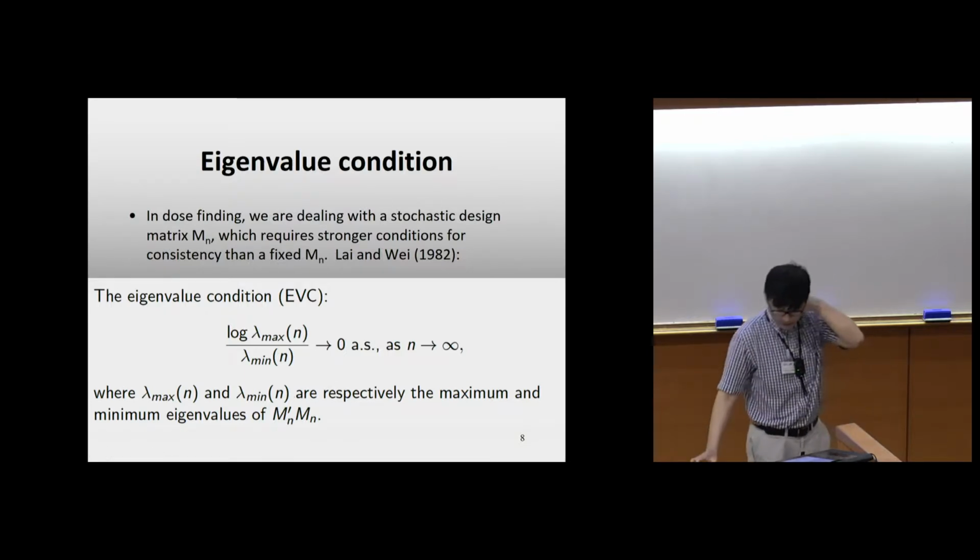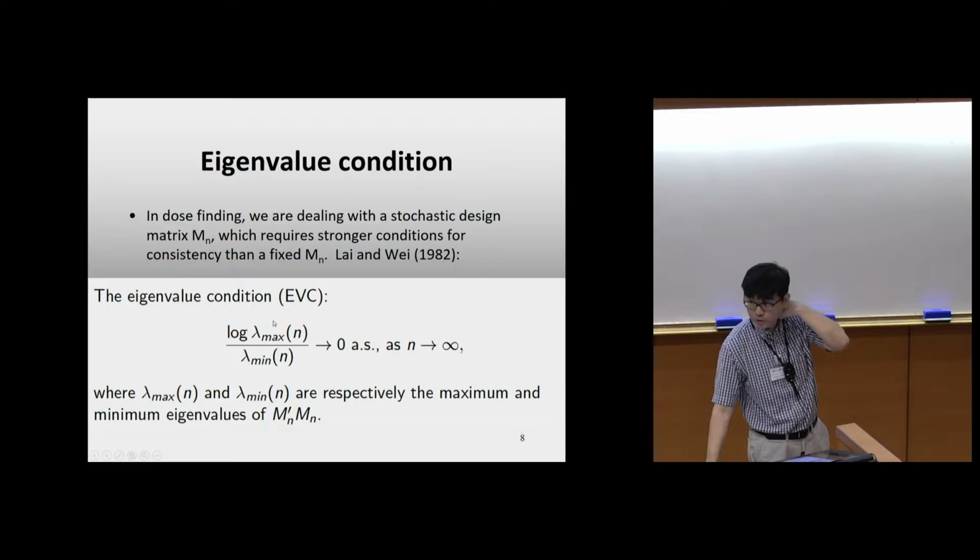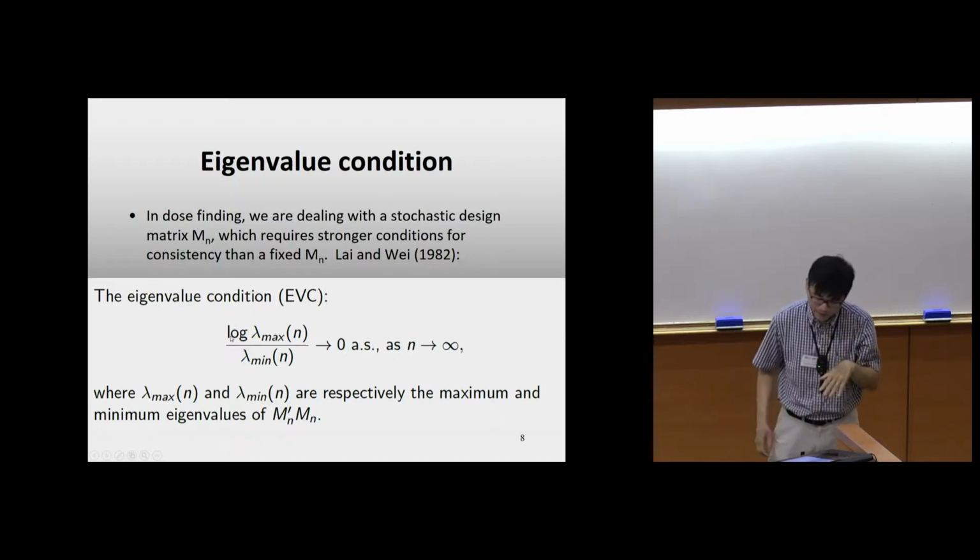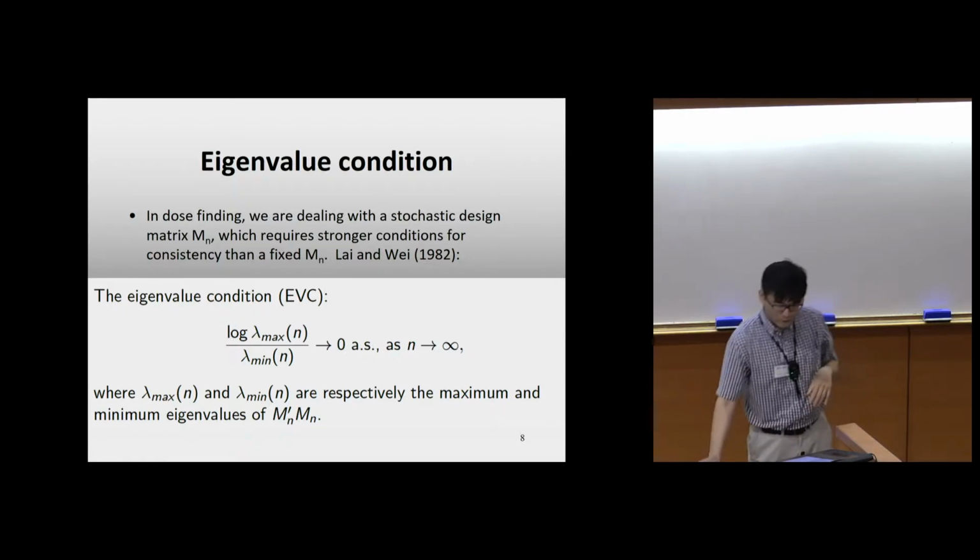So this quantity, which I'm going to call the eigenvalue ratio, although I know that it's not exactly a ratio because there's a log in the numerator, lambda min is the smallest eigenvalue of this M transpose M, M being the design matrix. Lambda max is the maximum eigenvalue.